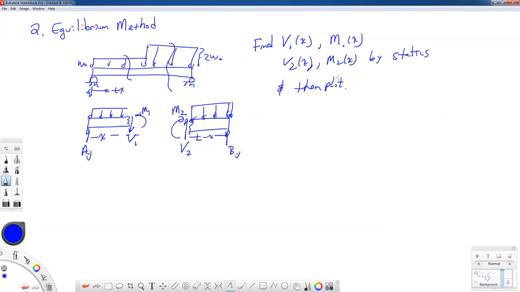Now the third method that we're going to show then, and the one that I really recommend, particularly for my exam 2, is the graphical method. And that's where we use graphical integration to sketch our shear force and bending moment diagrams.